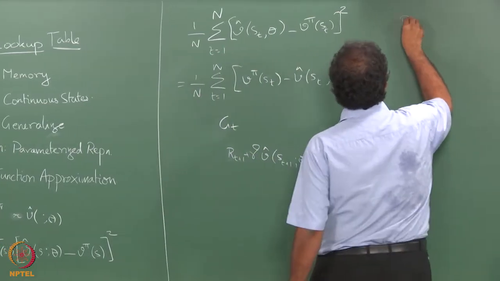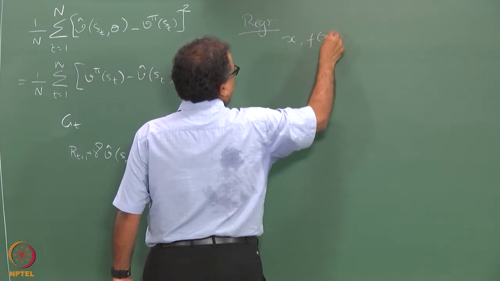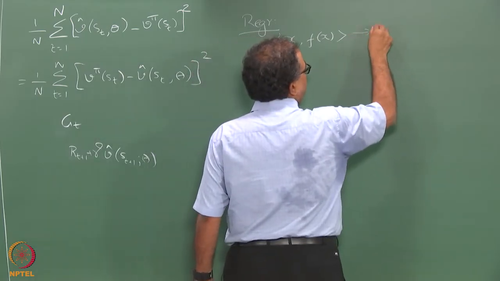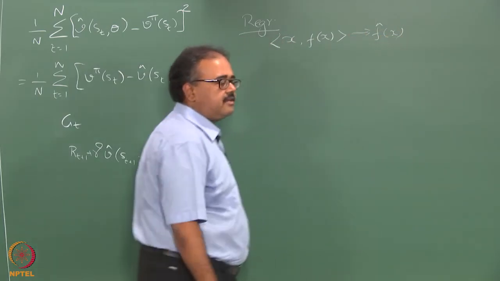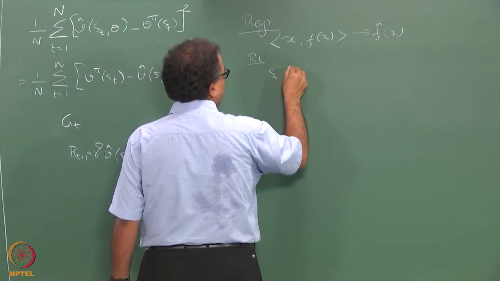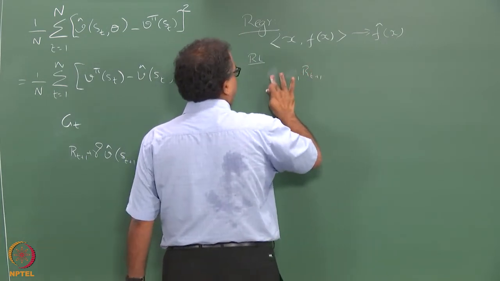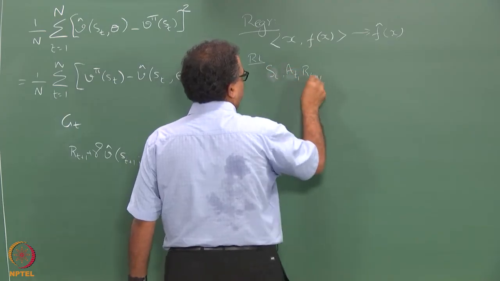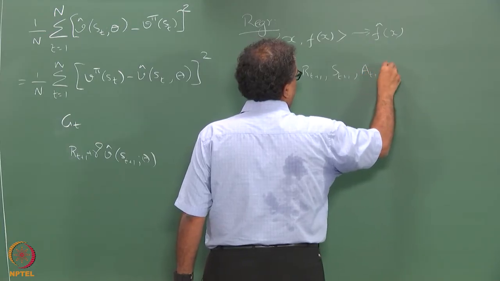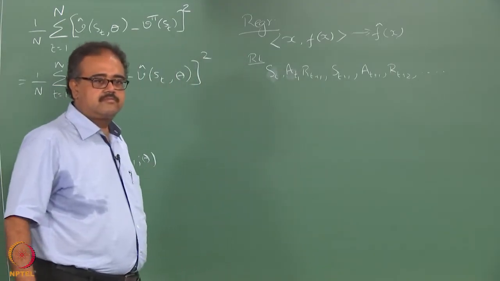So classically in regression, the training data will be x comma f x pairs, and from here you will learn some kind of f hat x, right. Here for RL, the training data will be trajectories.